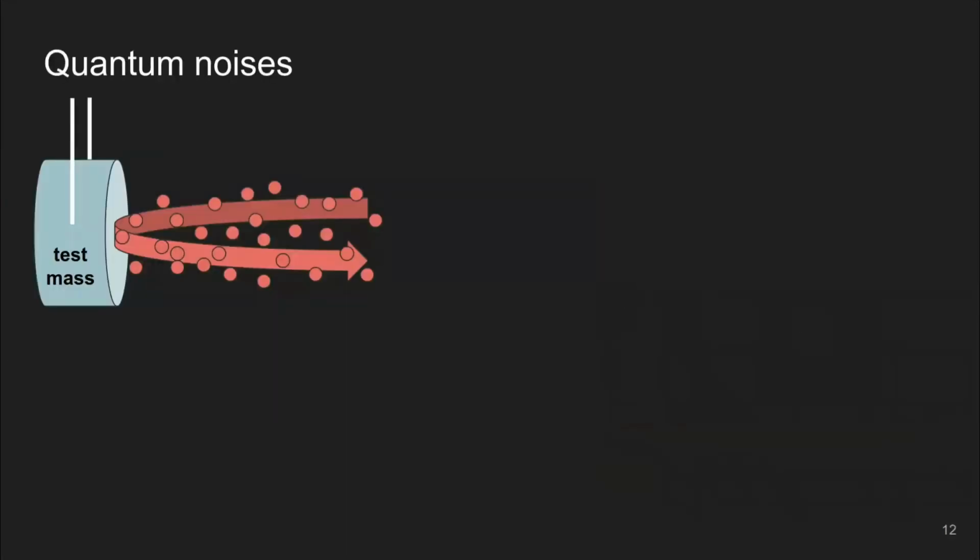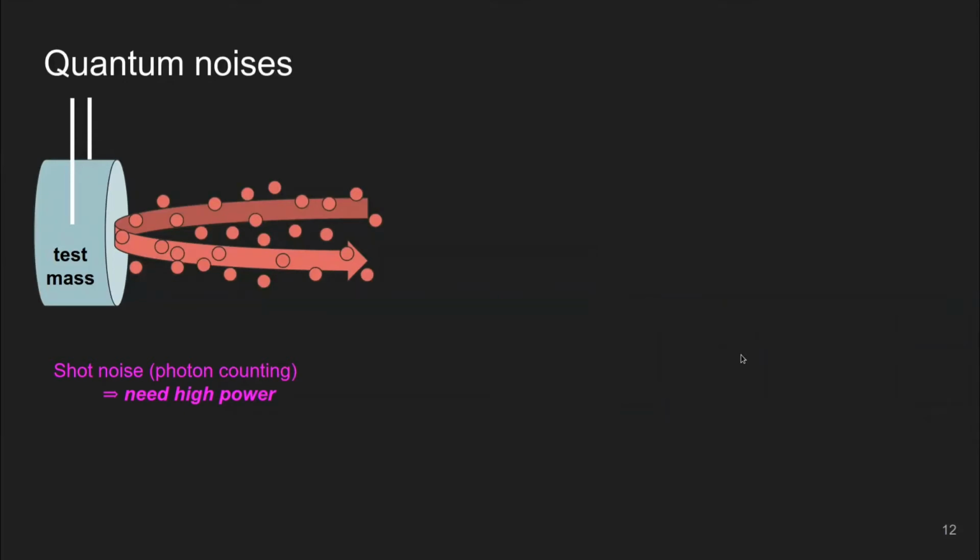So quantum noise, as I discussed before: of course, there's only a finite number of photons in the detector at a given time. That means that there's a photon counting noise, which is shot noise. So naturally, that drives us to very high power to reduce the photon counting noise. But that's not the only quantum noise, because the photons have momentum.